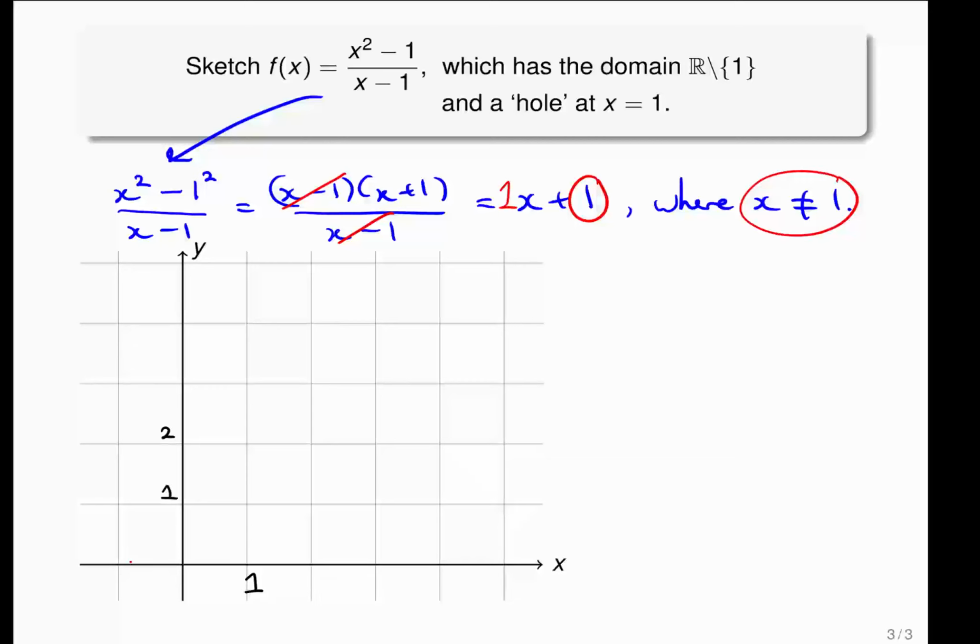That is, the 45 degrees diagonal line through the y-axis at 1. That has a hole at x equals 1. Having now drawn the graph, we can observe that the only reason that the function is not continuous is because of this single hole. Therefore, a simple solution to make the function continuous is to just plug in the hole, so to speak.